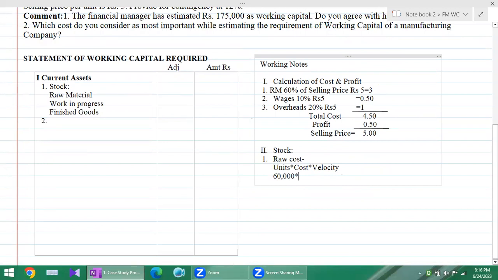Once you understand all this, it becomes very easy. What is the cost of raw material? Cost of raw material, we have ascertained it as rupees 3, right? Rupees 3. Here it is.